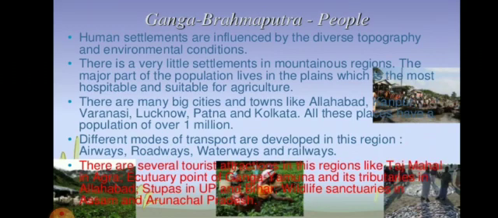Now, people of this region. Human settlements are influenced by the diverse topography and environmental condition of the place. In this area, there is very little settlement in the mountainous region, but the major part of the population lives in the plain areas of the Ganga and Brahmaputra basin.